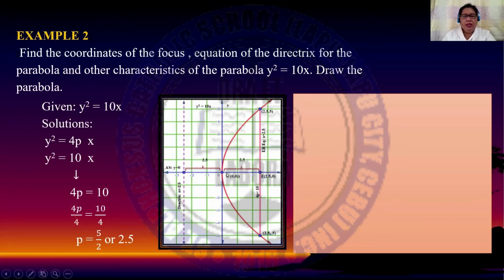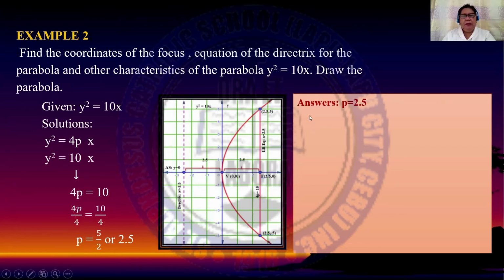The distance from here to here, that's 2.5. That is also equal to the distance from the vertex to the directrix. So this is the directrix. The equation of the directrix is x is equal to -2.5. And the axis of symmetry is the x-axis, or y is equal to 0.